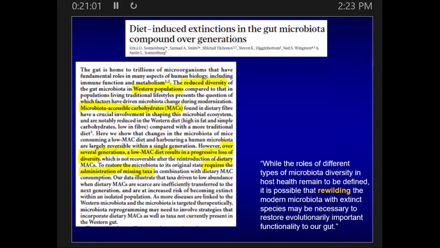Diet-induced extinctions in the gut compound over generations. What they're finding is that, especially with our Western diet, which is low in fiber typically, you can pass this trait on to your offspring, and it can compound over generations.